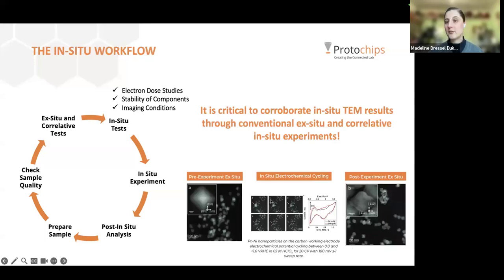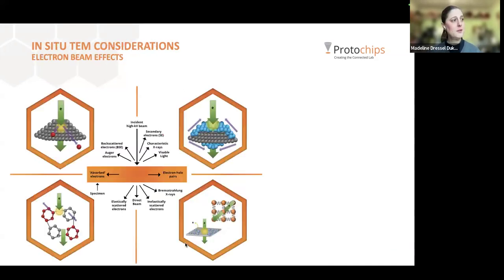And then afterwards, they take those chips out and then they can look at them using, again, high resolution without the liquid in the way to look at the atomic resolution changes that they're seeing. And so in general, you're always going to be combining both pre and post ex situ results, other correlative techniques with your in situ results in order to really effectively interpret them.